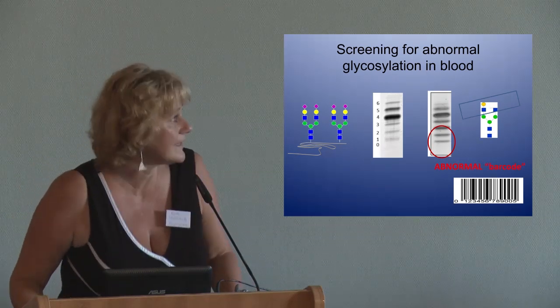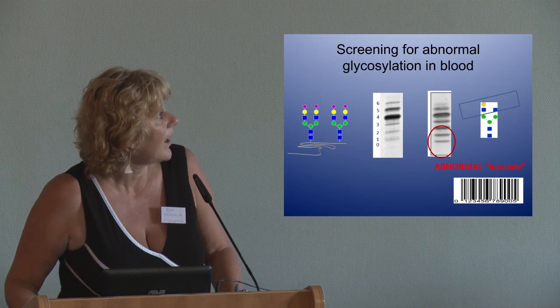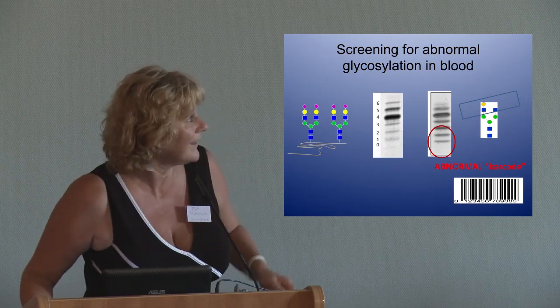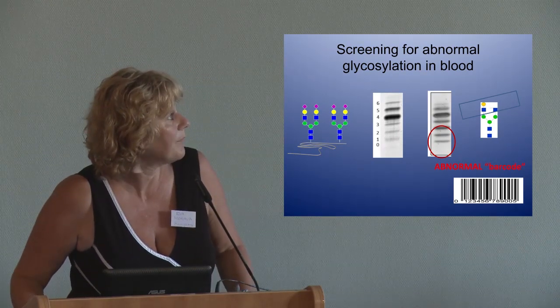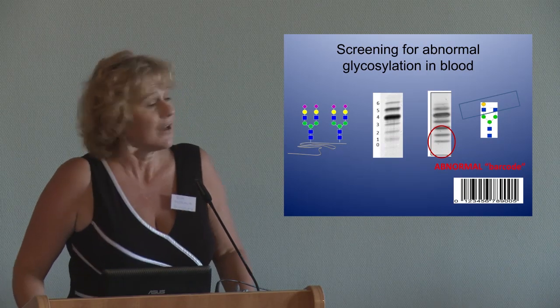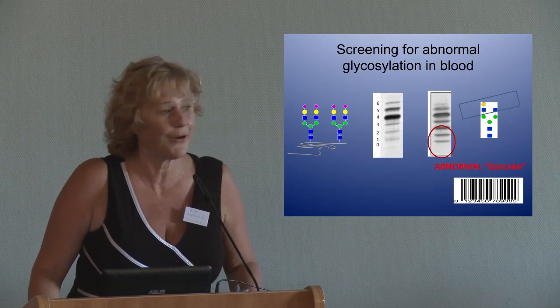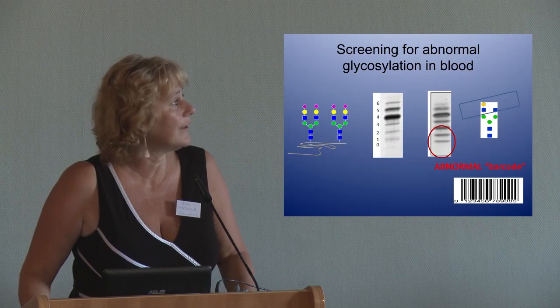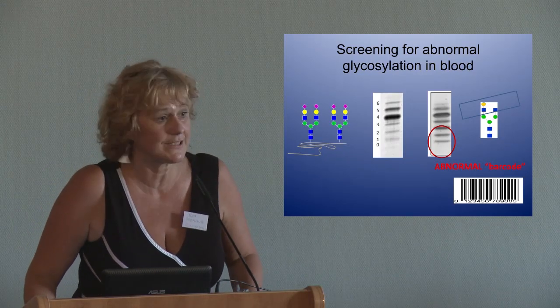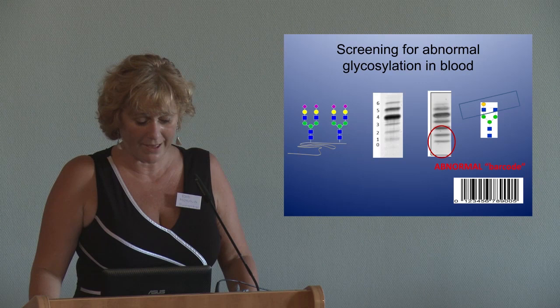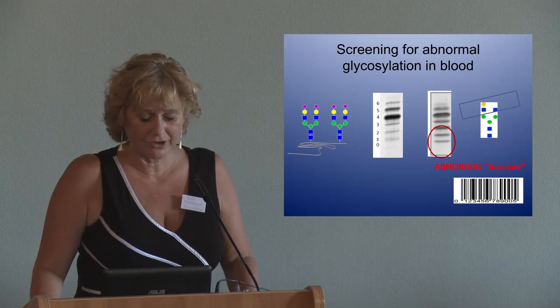So what do you see in these patients? You have the barcode again. If you compare the right barcode with the left barcode, the left is a normal pattern, and you see a significantly abnormal pattern in these patients.